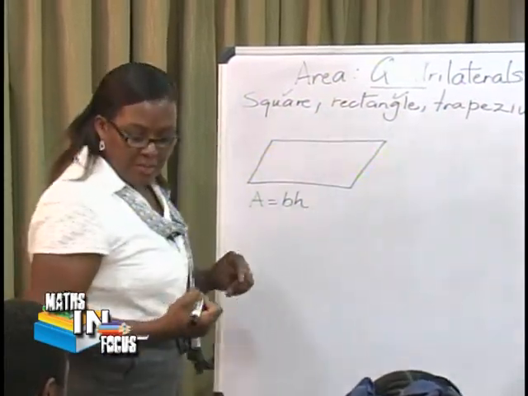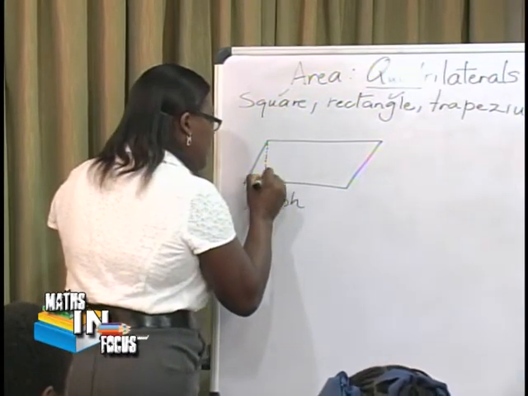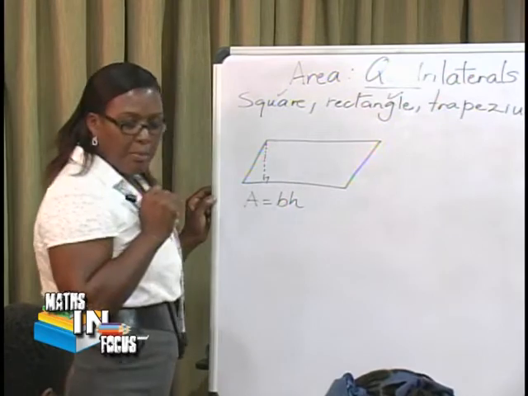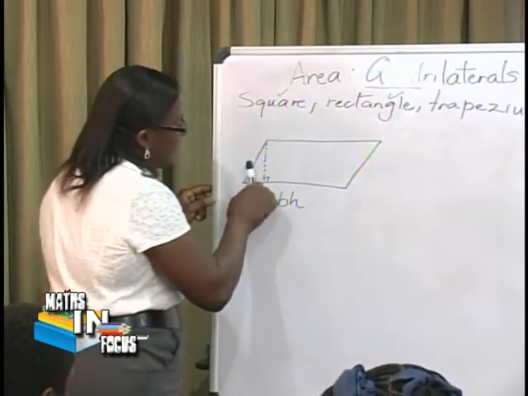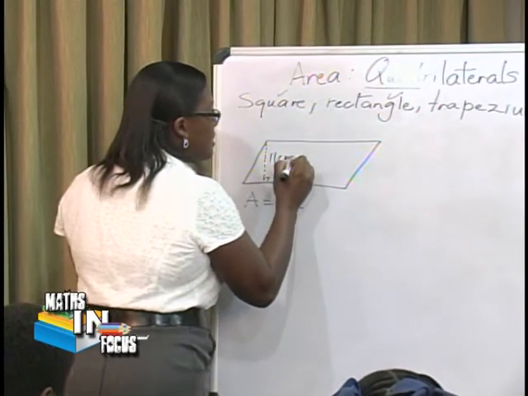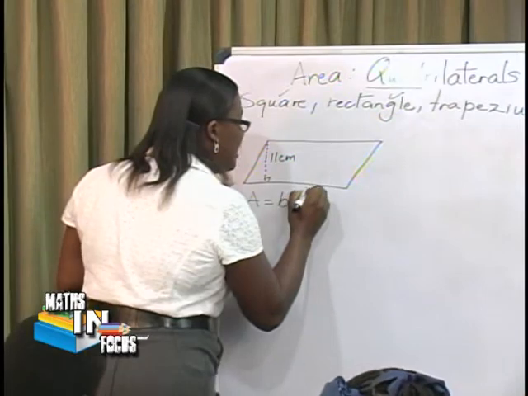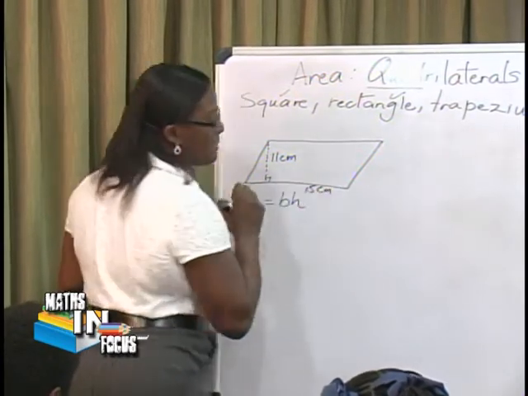Now let us find some figures. Here I'm going to insert a perpendicular to tell you that this is the height, and the height here is 11 centimeters. The base of this parallelogram happens to be 15 centimeters.